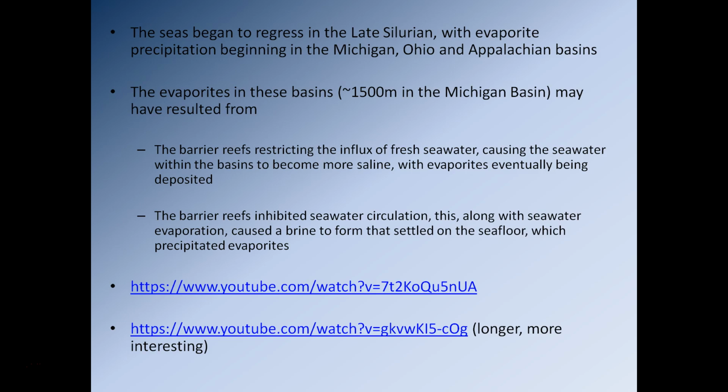This heavy water is going to naturally sink to the bottom of the basin where it forms a brine. This brine can then directly precipitate evaporite minerals onto the seafloor. So you have this layer of brine sitting at the bottom of the Michigan Basin, directly precipitating evaporite minerals onto the seafloor. So that's another way this could have happened.